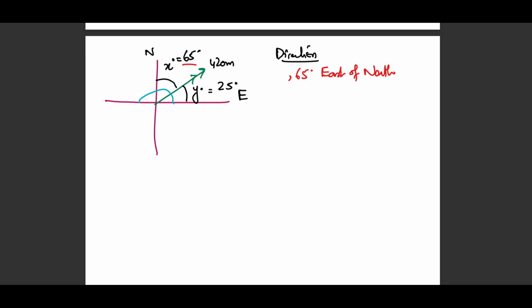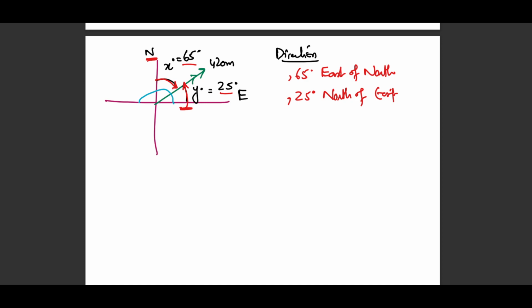So move 65 degrees towards east from north, and you will reach that vector. Or the other way around, the student could have used 25 degrees, so he would mention move 25 degrees north of east, right? So move from this point 25 degrees towards north from east.